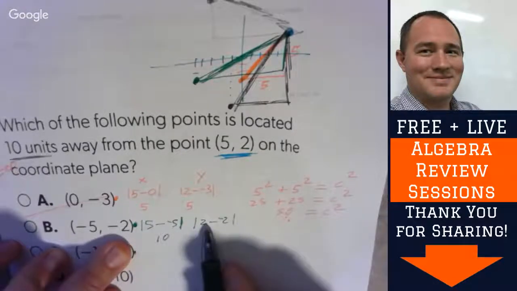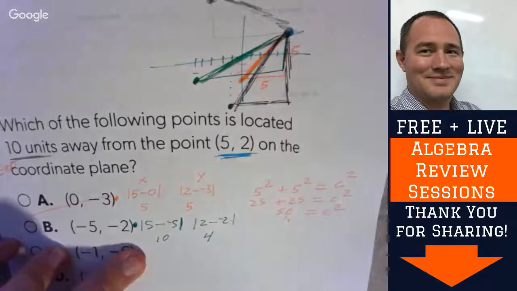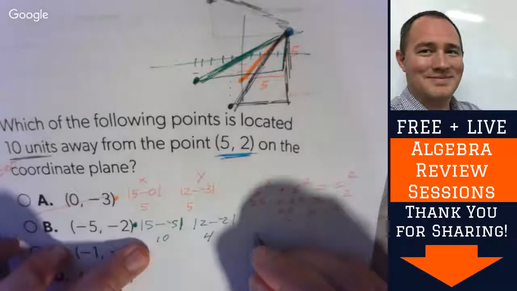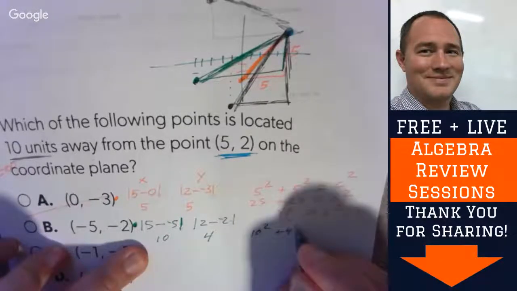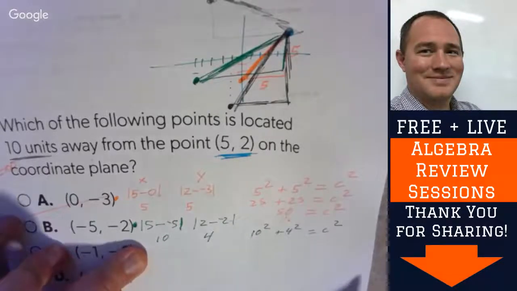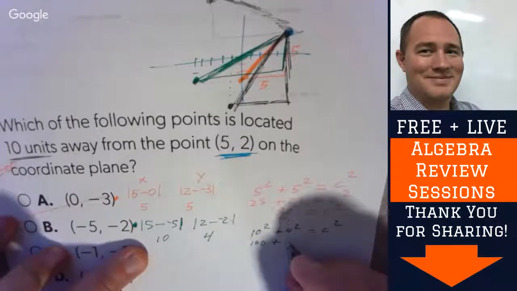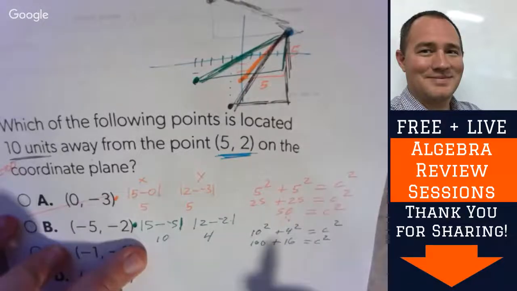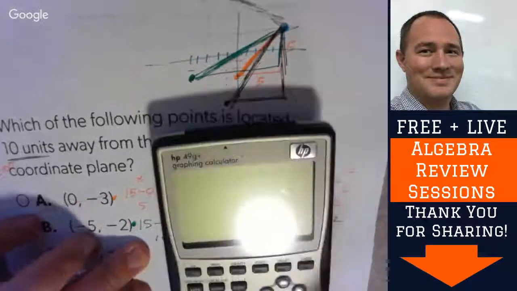This is going to be 2 plus 2 is 4. So if we put that into the Pythagorean theorem formula, now what we're looking at is 100 plus 16 equals c squared.